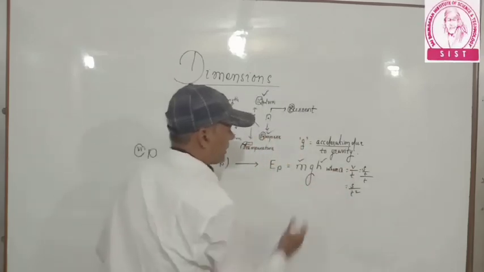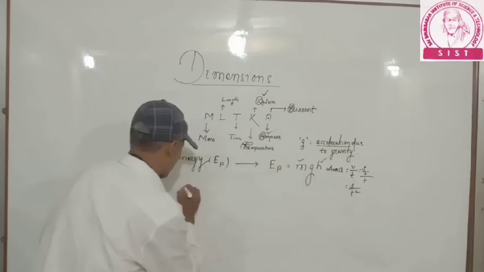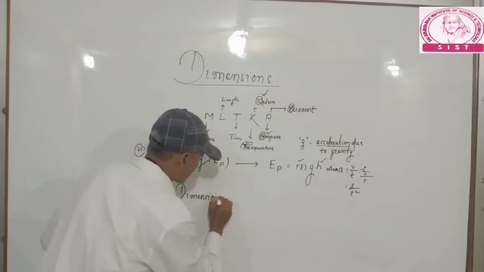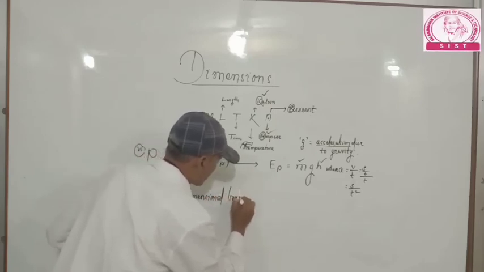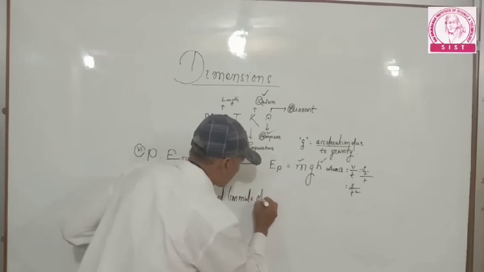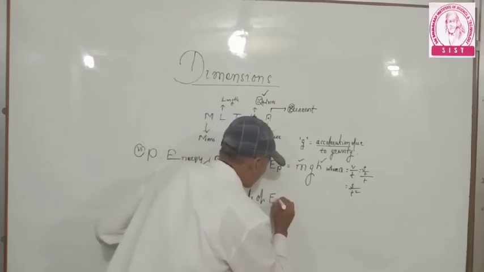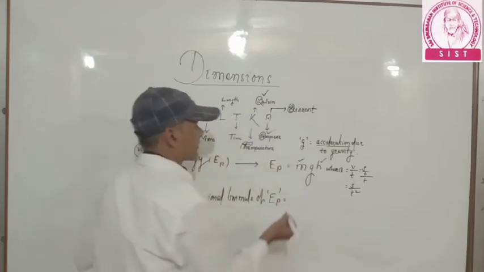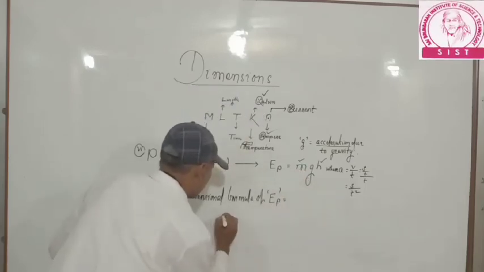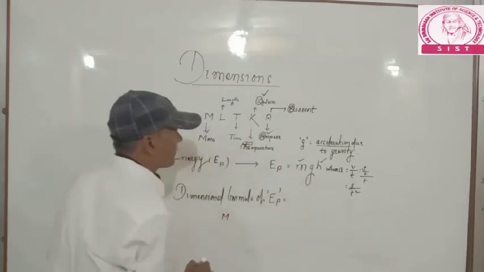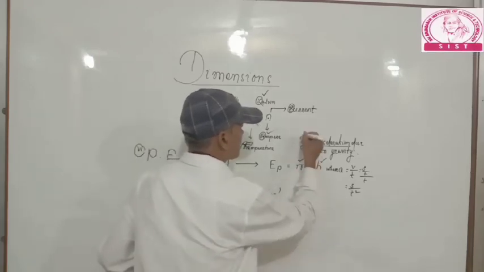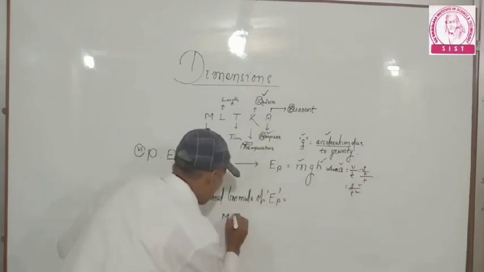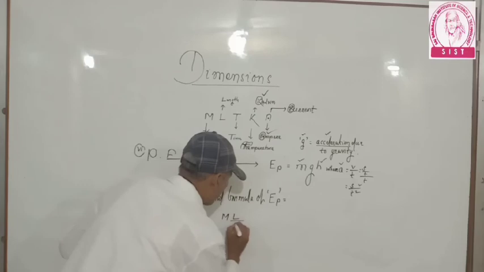what will be the dimensional formula? Write it down. Dimensional formula of EP is equal to, see here, it is mass, write it M. Here it is g, g is an acceleration, acceleration is S by T square, so you write it L by T square.